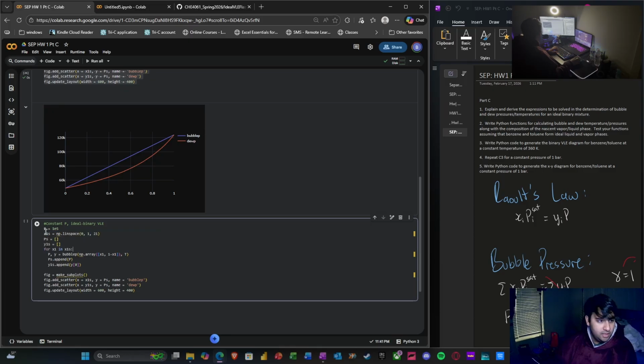So we're going to have P, and this is going to be in terms of temperature.